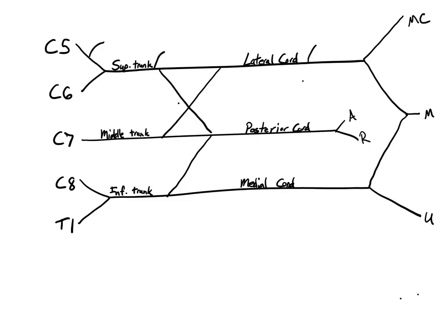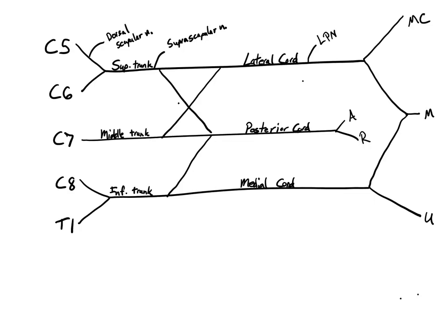The nerve off of the root of C5 is the dorsal scapular nerve. The nerve coming off of the superior trunk represents the suprascapular nerve, and the nerve coming off of the lateral cord represents the lateral pectoral nerve, abbreviated LPN.